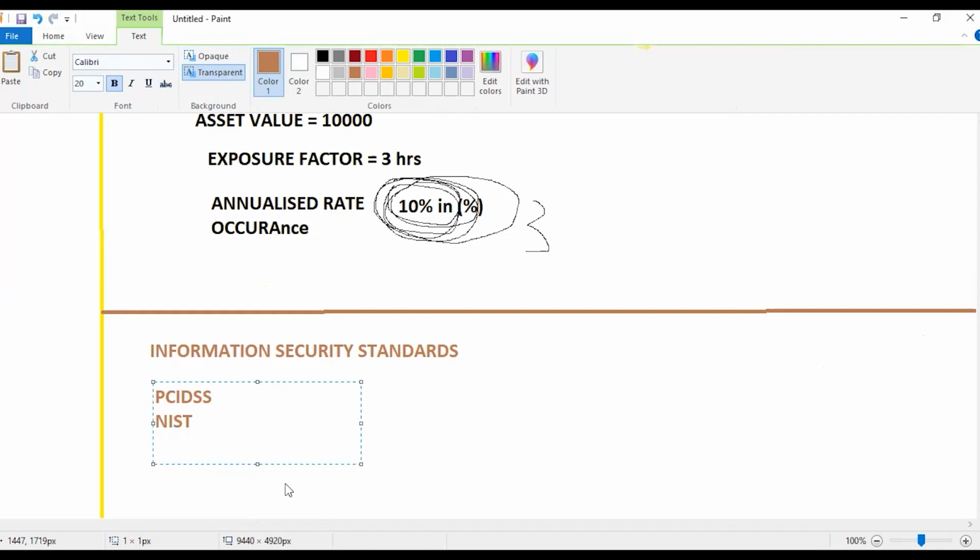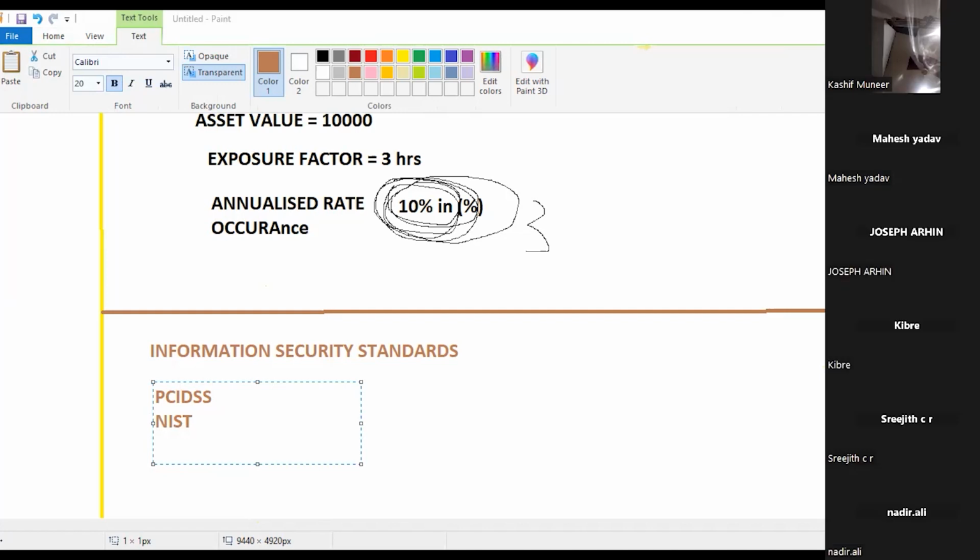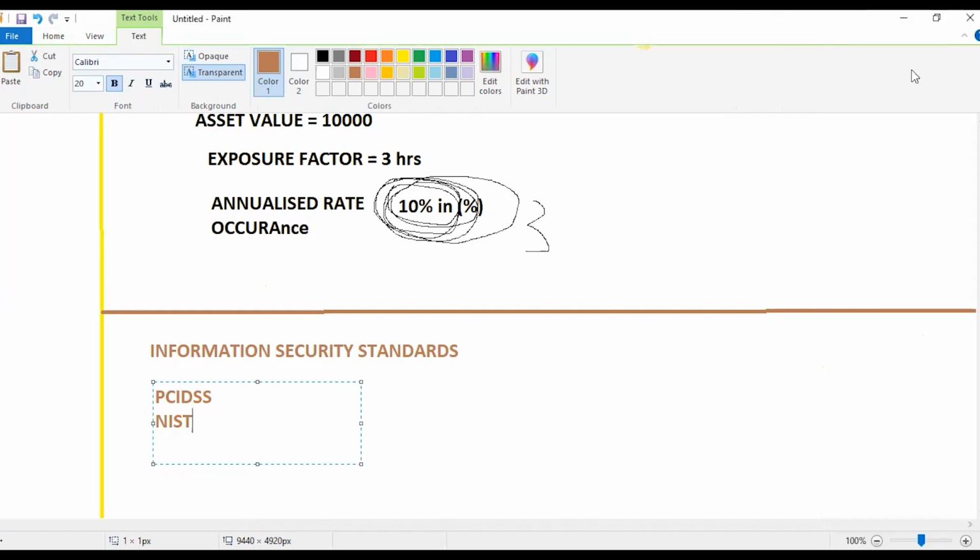Next, NIST, National Institute of Standards and Technology.